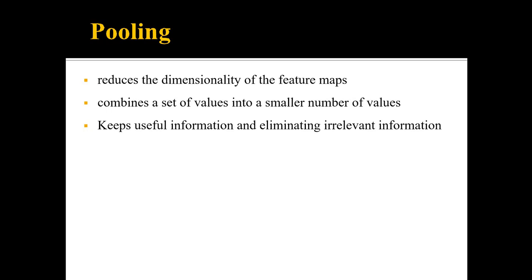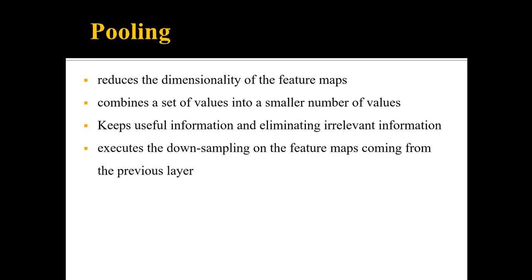It will reduce the computational complexity of the upper layers by eliminating some connections between the convolution layers, and it will execute downsampling on the feature maps coming from the previous layer, and produce a new feature map with a condensed resolution.